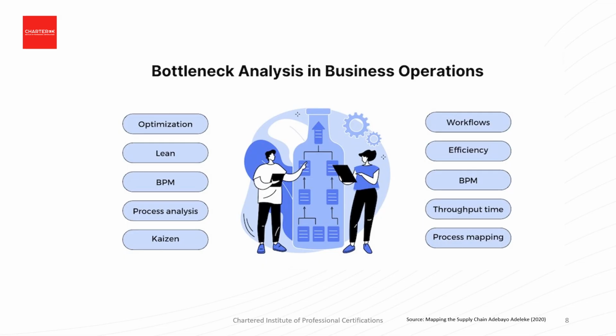By addressing bottlenecks, supply chains can reduce delays, minimize costs, improve customer satisfaction, and maintain a competitive advantage in the market. Bottlenecks in the supply chain occur when the capacity of a specific component is insufficient to meet demand.